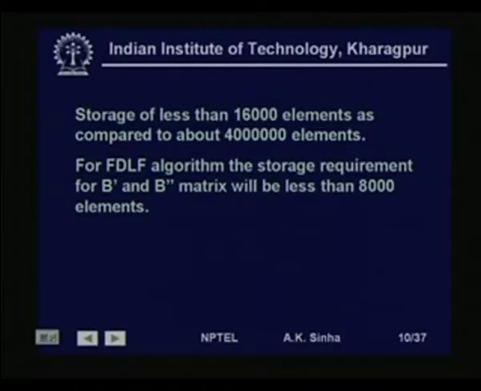Therefore, the elements there are also going to be fewer compared to B dash elements, and the total number of elements in B dash and B double dash will be less than 8000 elements only.